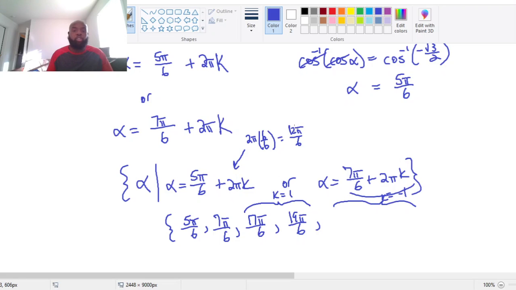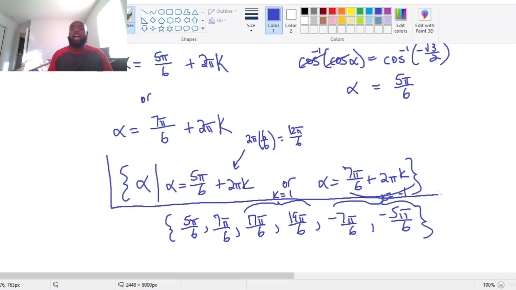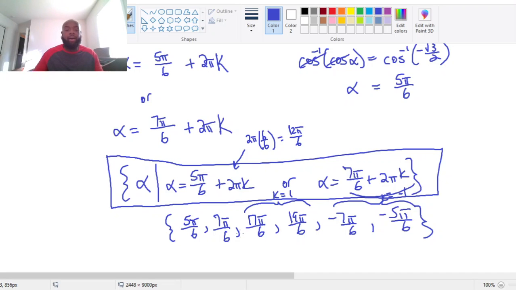And remember, 2 pi is 12 pi over 6, so we get negative 7 pi over 6. And if I subtract 12 pi over 6 here, I get negative 5 pi over 6. These are some specific angles, but this notation allows us to get all of the angles that are real numbers. And note that k is an integer.